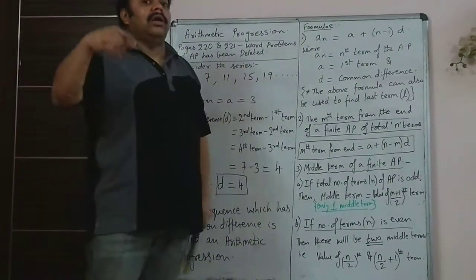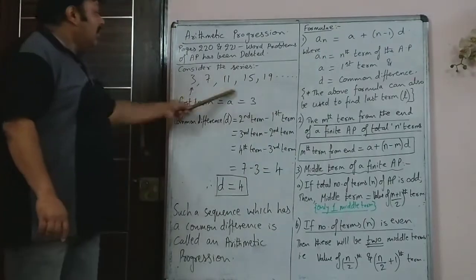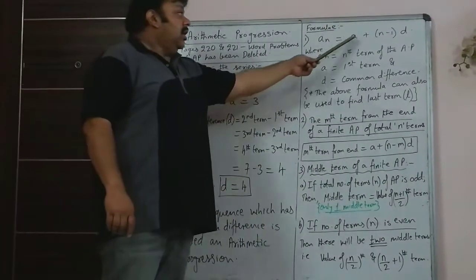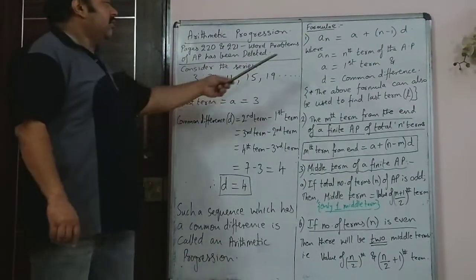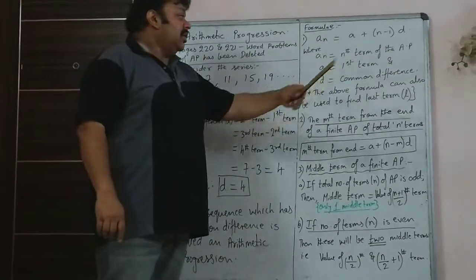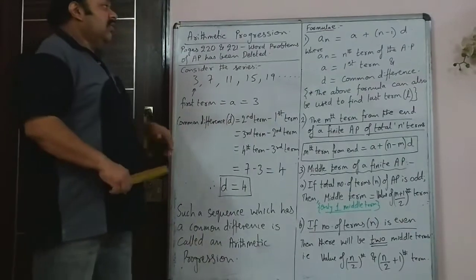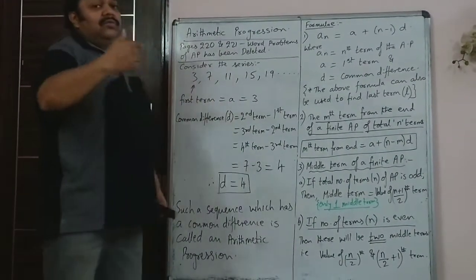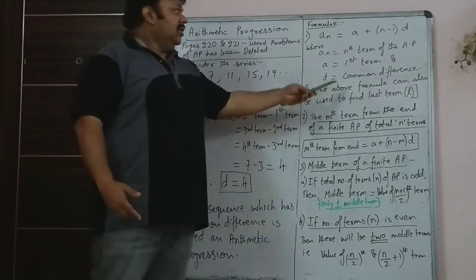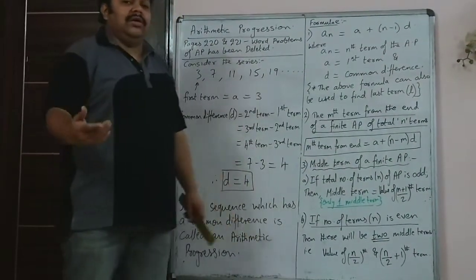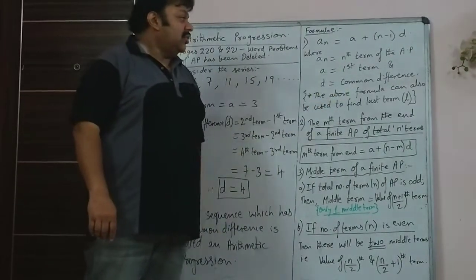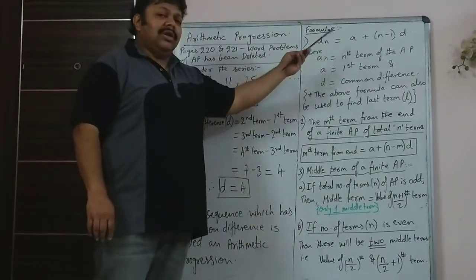That would be the 100th term of this particular arithmetic progression. Again, everywhere A stands for the first term and D stands for the common difference. So if there is a series of, let's say, 100 terms and you are asked to find the last term, you can use the same formula and find the 100th term or the last term, where usually the last term is denoted by L. So same formula, nothing different.